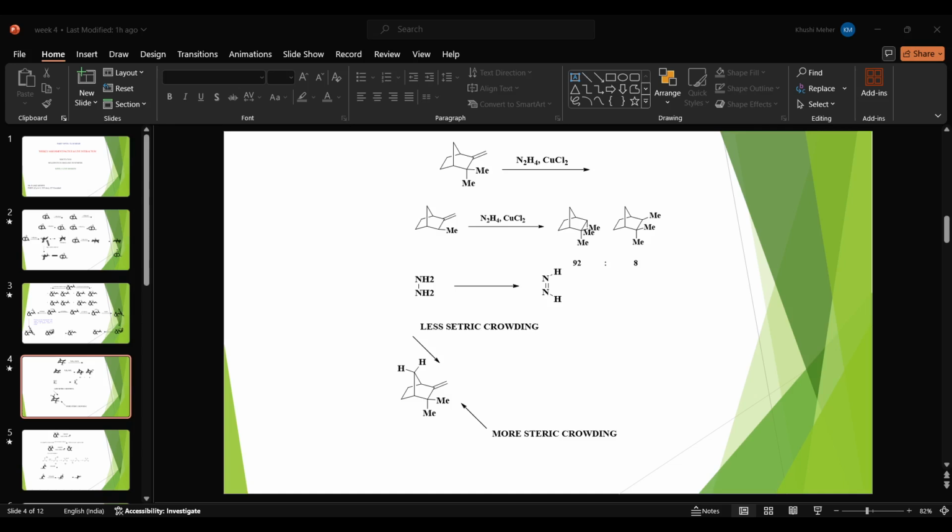In that particular case, what will happen? In this case, this one is an acetal group. But in this particular case, we have the hemiacetal.